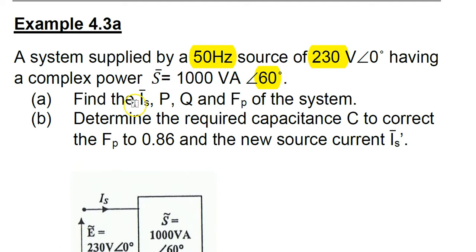So we want to find the total current flowing into the circuit. We want to find the effective or average power, the reactive power, and the power factor of this system.